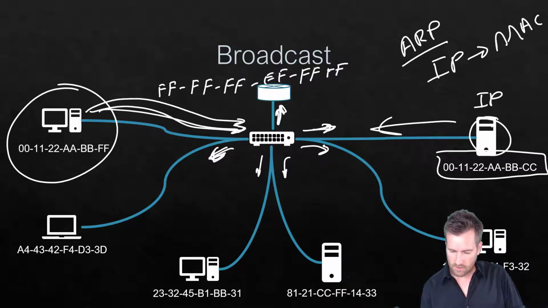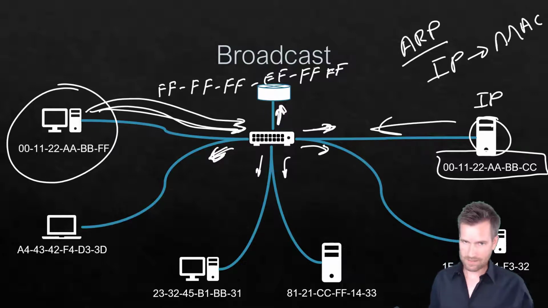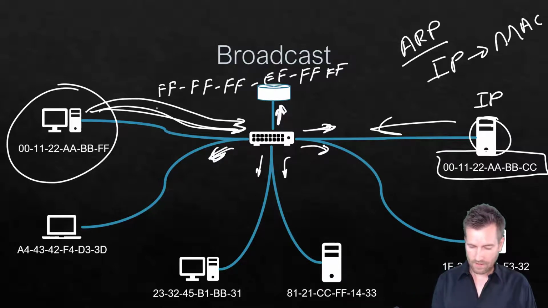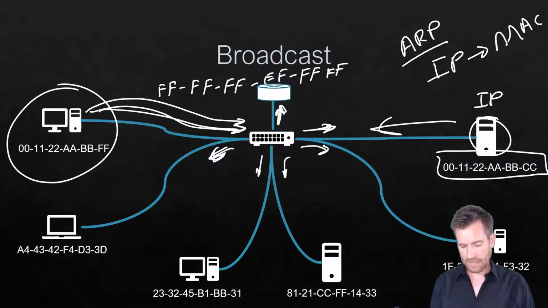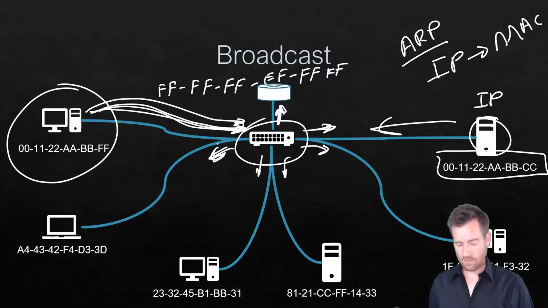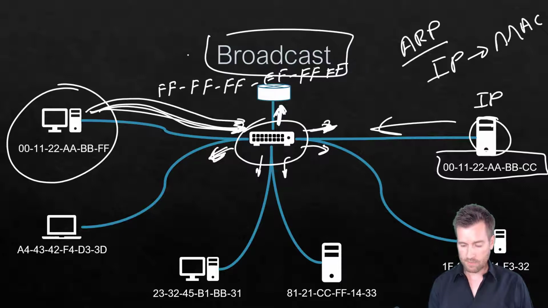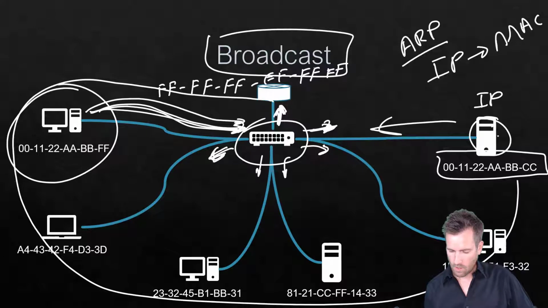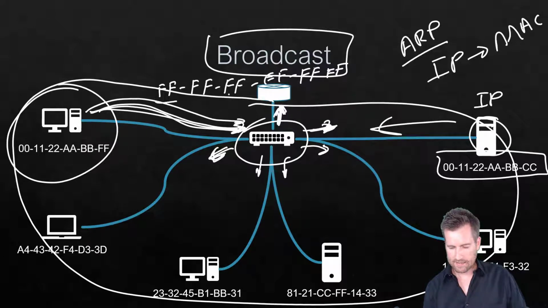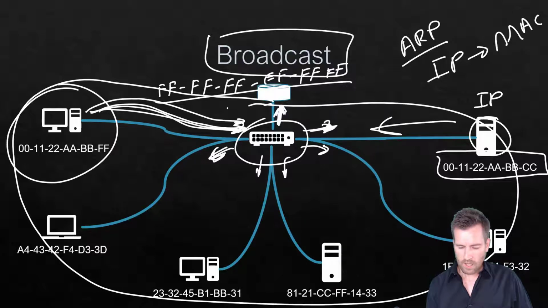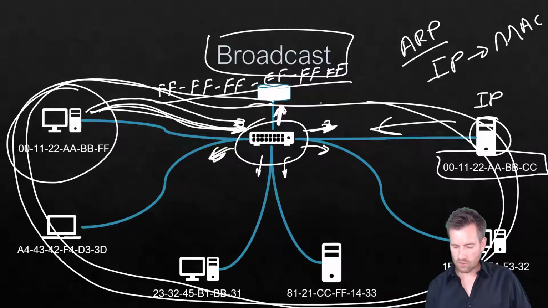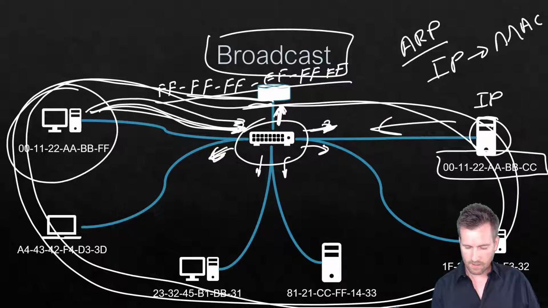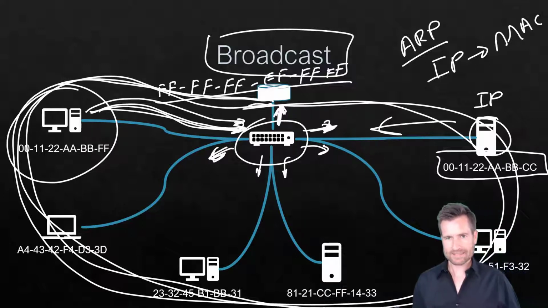That series of all ones, essentially, if you look underneath it there, that series of FFs that get sent out lets the switch know this is going to be a broadcast, and then that switch will broadcast it out. Anything that is sent to this address, everything that happens within this local area network, we call a broadcast domain. So everything within this layer 2 here is a broadcast domain.